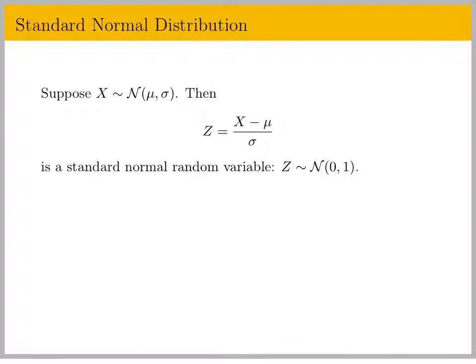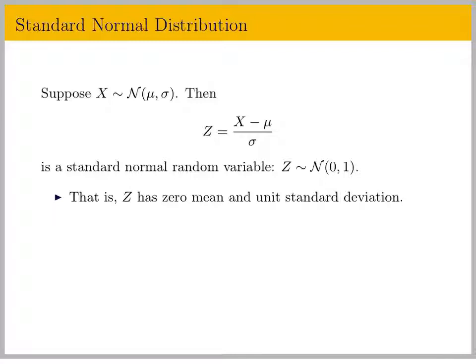It turns out that random variable is very special. It's called the standard normal. Standard because it's been standardized. It's had its location moved back to 0, and its variance has been standardized to 1, so that it has a 0 mean and a unit standard deviation, which is exactly what this says.